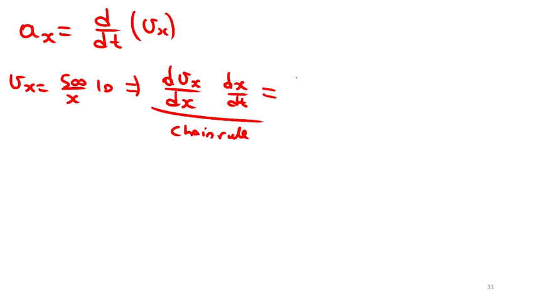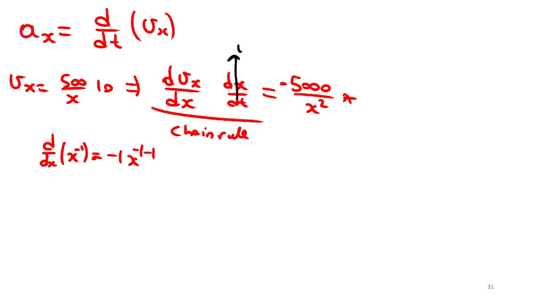First, it will be 5000, then d by dx of x to the power of negative 1. It will be negative 1 times x to the power of negative 1 minus 1. So negative 5000 times x to the power of negative 2, that is x squared, times dx by dt, which is vx.